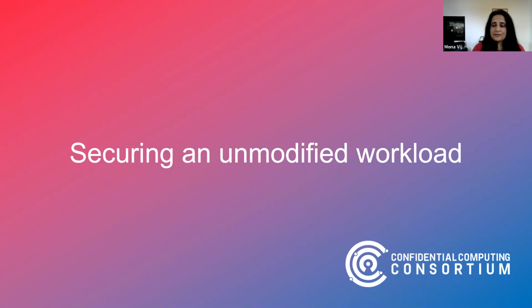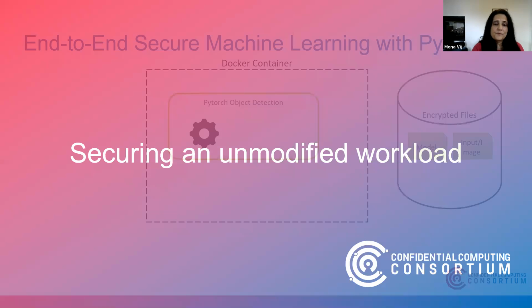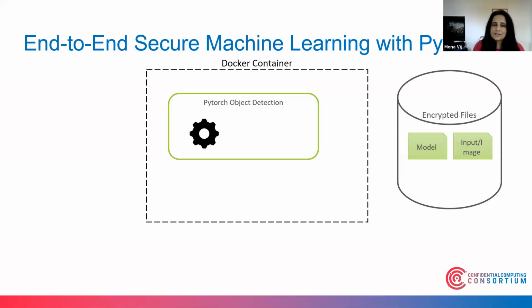So let's discuss what it means now to create an end-to-end solution with all these different pieces that we have talked about. Let's imagine a use case deployment where you want to run an object detection service in an untrusted cloud environment. The goal is to protect both the model IP as well as the user private data that you're running the inference on.